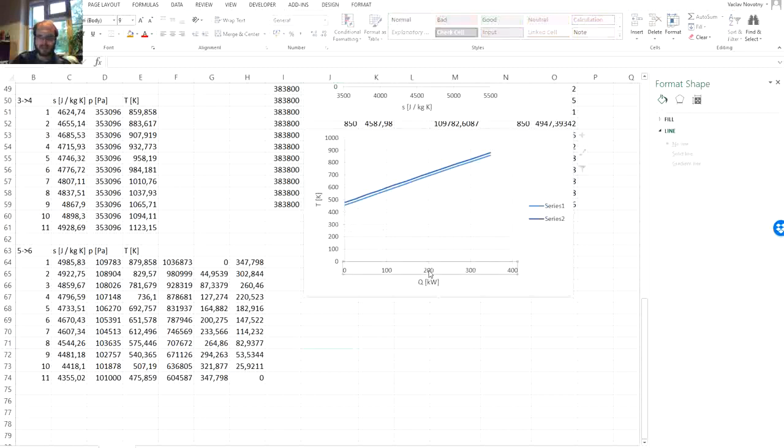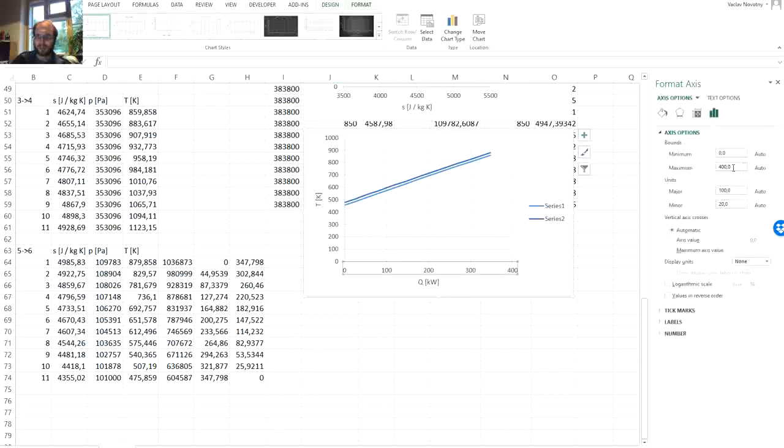So let's again get the graph with the limits somewhere more comfortable. The maximum would be 347.8, and let's go from 0.